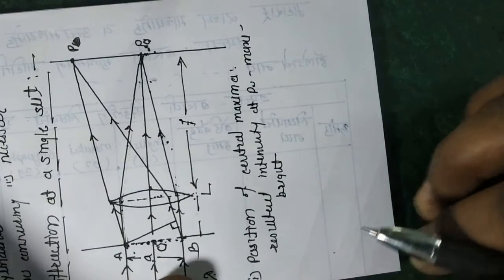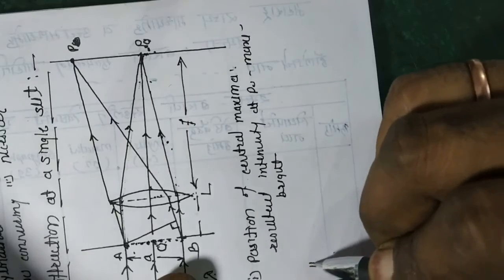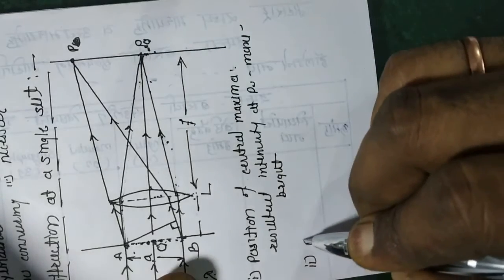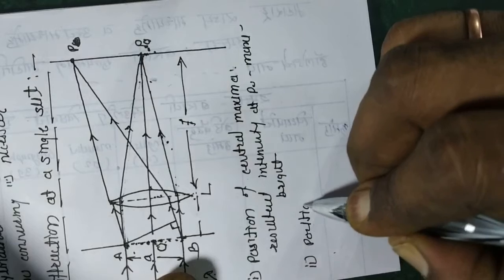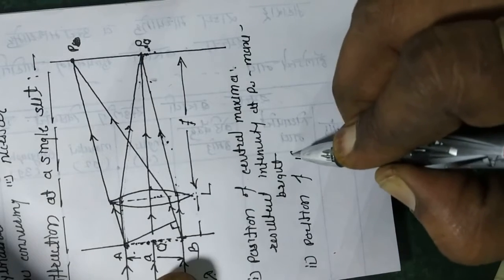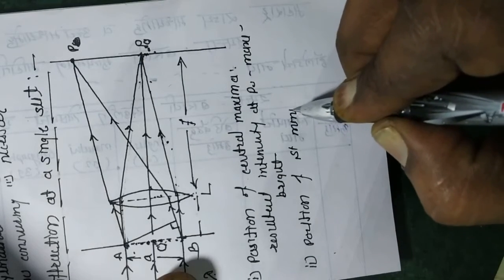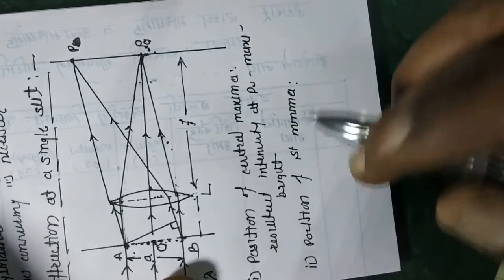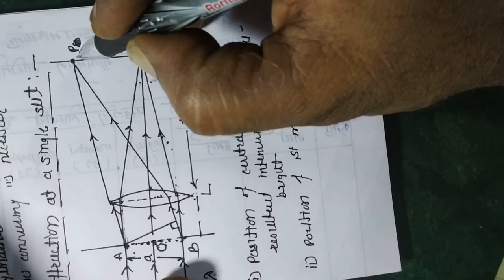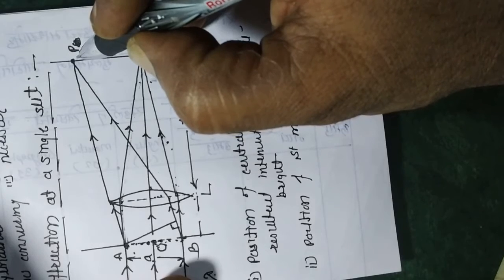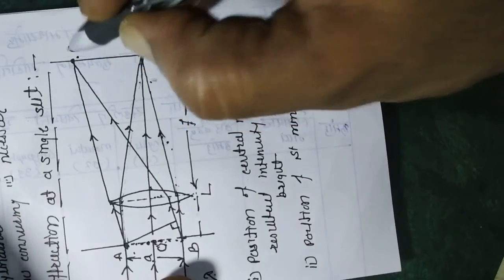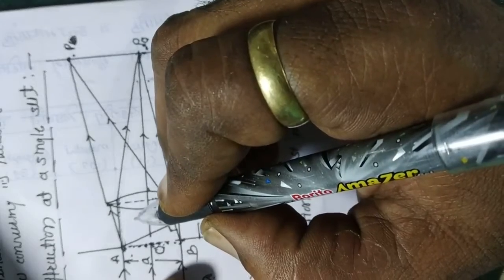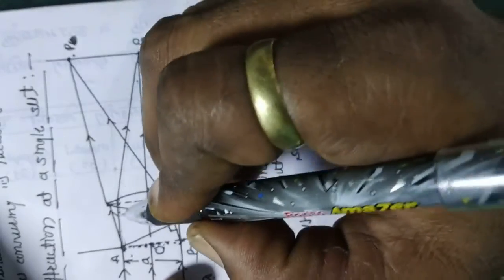Now, the position of first minima. Let P be any point on the screen at angular position theta.